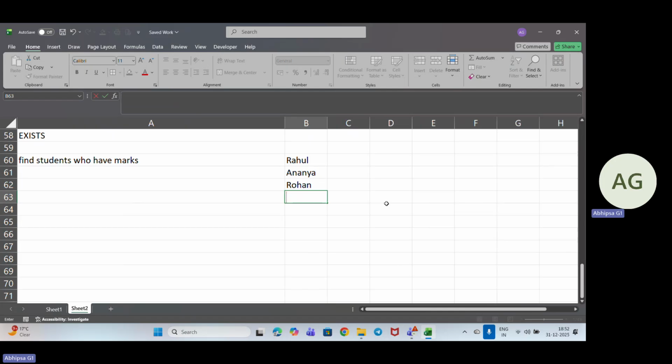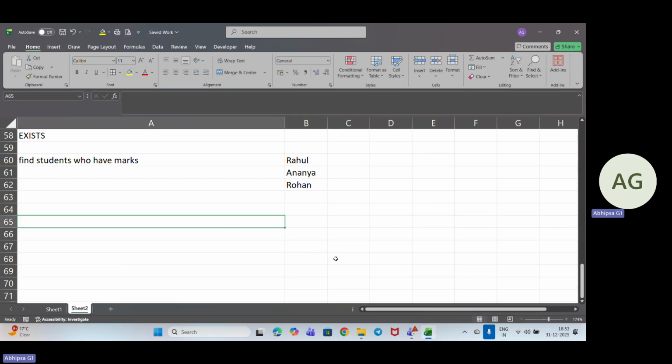Neha is not included because there are no matching marks. So the key rule for EXISTS is that at least one match should be there. The result would be true. If there is no match, we will get false. So that is the basic part about EXISTS, whether at least one exists.